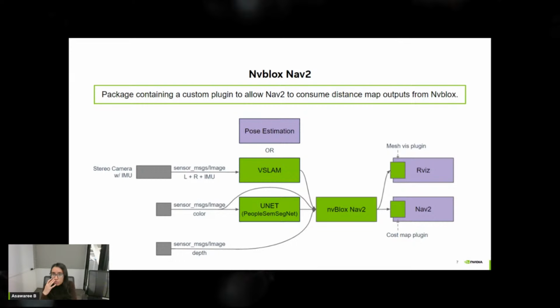So at any given time, you don't need to have information of the entire mesh, but just updates coming in through Nvblox, and then you can keep building upon it and visualize it in RViz. So this was just an example overview of a graph and how it would use Isaac ROS Nvblox. And of course, you can use the different packages in Nvblox to create your own pipelines with your own nodes as well. Like in this case, pose estimation can come from your pre-existing system already.